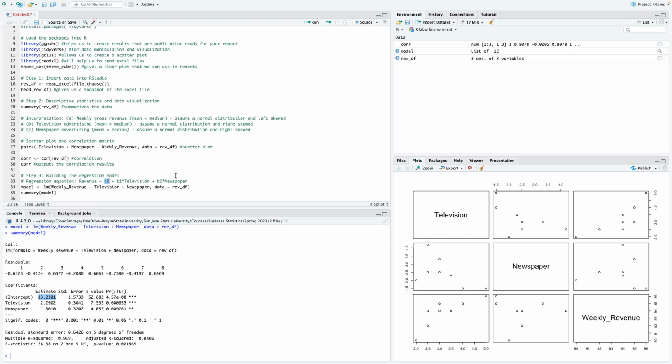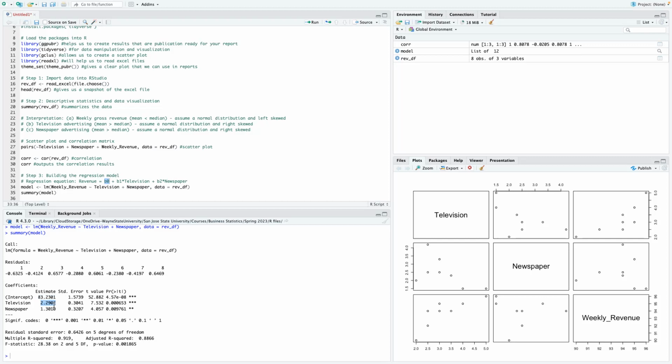That's what they'll make if no money is allocated to television and newspaper. And then we can also see that for television, it has a coefficient, B1, which is 2.29.